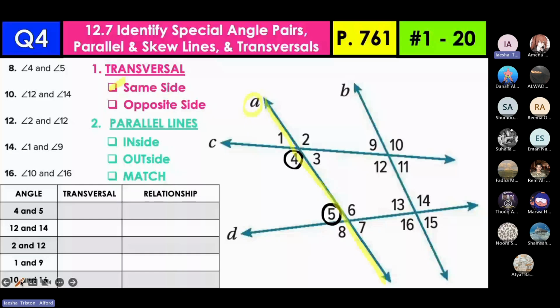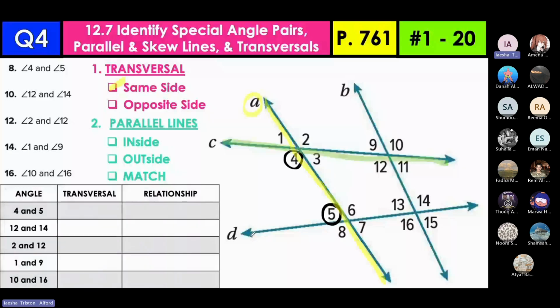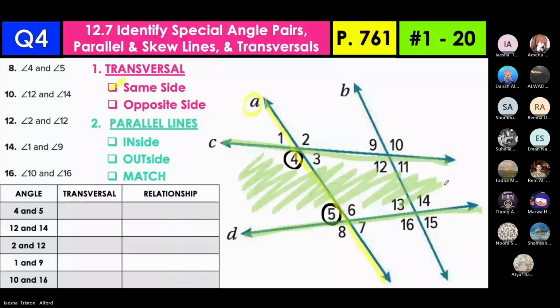What should be the parallel here? The parallel is going to be C and D. So 4 and 5 are inside or outside of the parallel? Inside. So what's your name? That's one, consecutive interior.